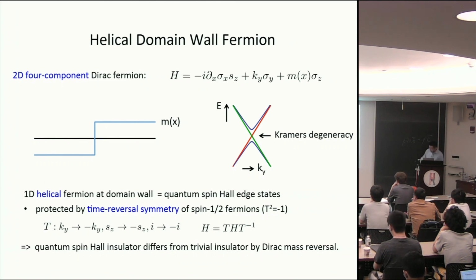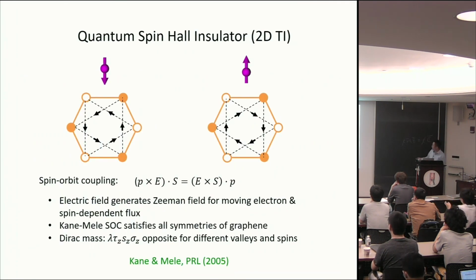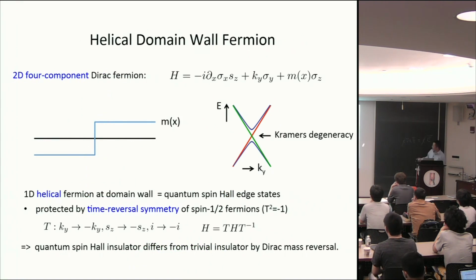And again, we can look at the domain wall between this Kane-Mele insulating state and the atomic insulator, where we introduce a sublattice potential difference. And now, to understand what happens near the boundary, we get a spin-full version of the Dirac equation with a mass domain wall.